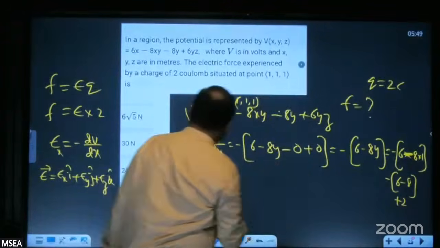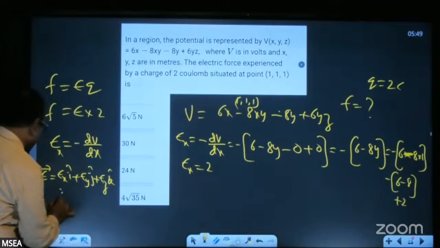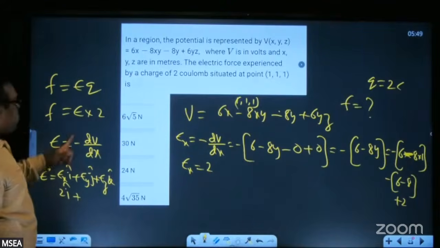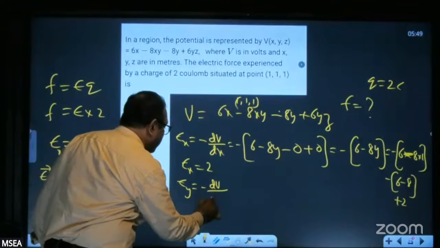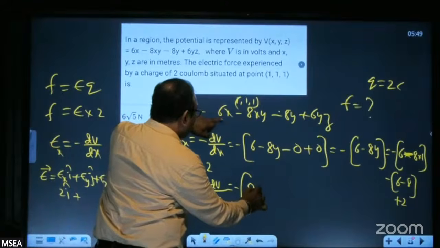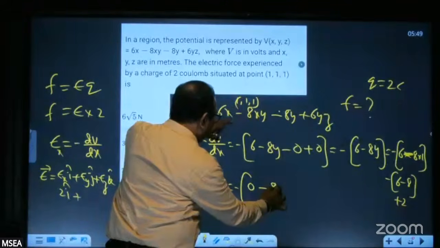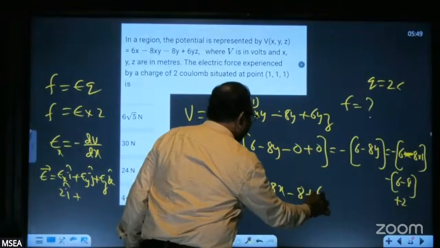So Ex is equal to 2, or we can write 2 i cap. Then what about Ey? Again, Ey is equal to minus of dV by dy. Minus of, there is no y in the first term, therefore 0, minus 8x, y differentiation gives minus 8 plus 6z.